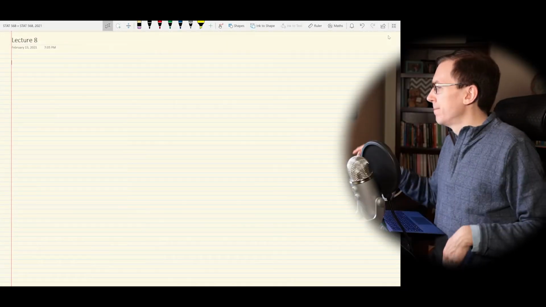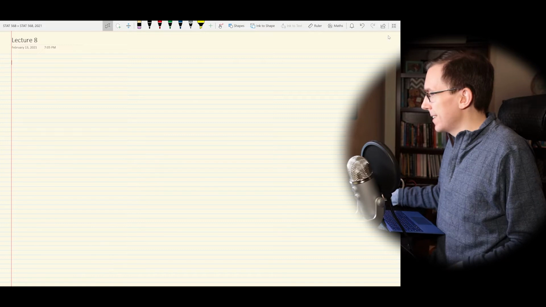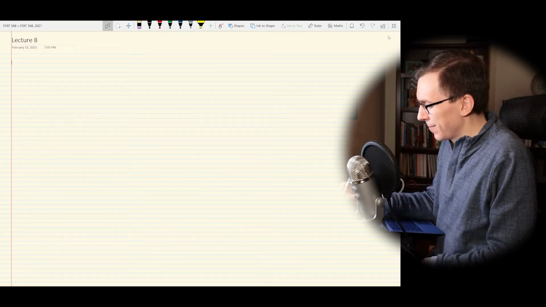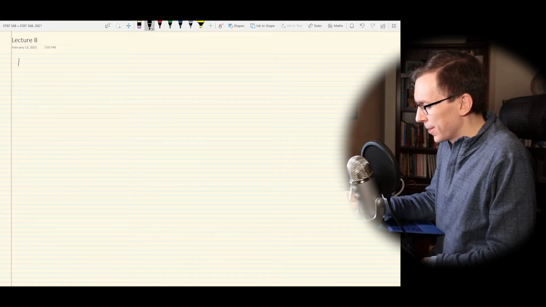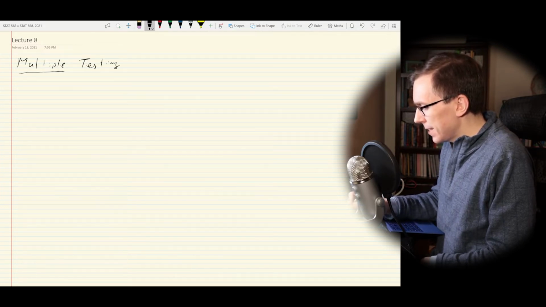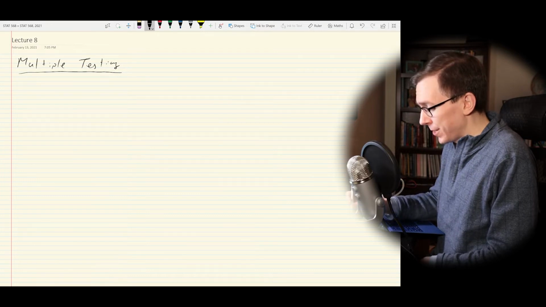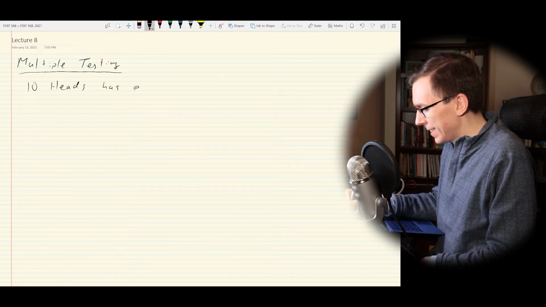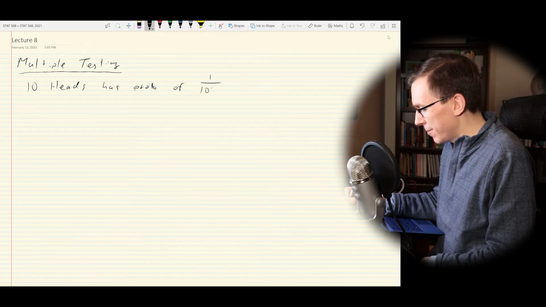All right, so the point is basically, just to reiterate in words what I was talking about, or in maybe numbers, is the idea of flipping coins, which is, okay, 10 heads has a probability of 1 in 1024.